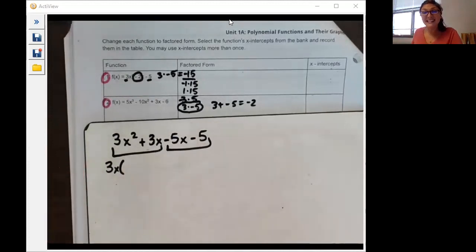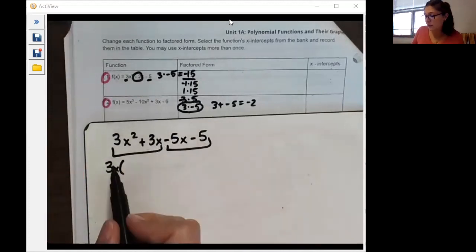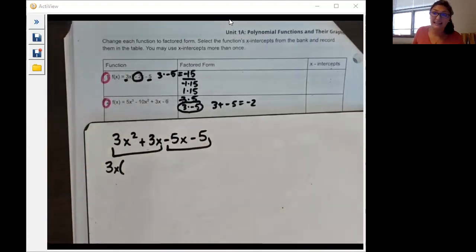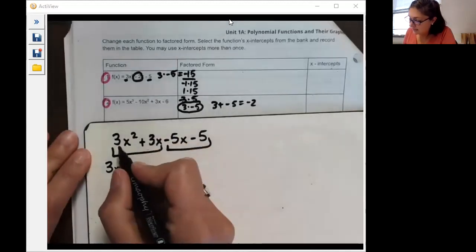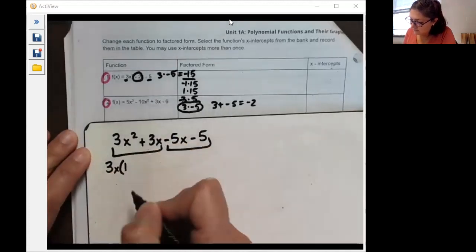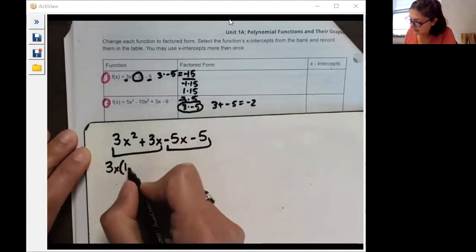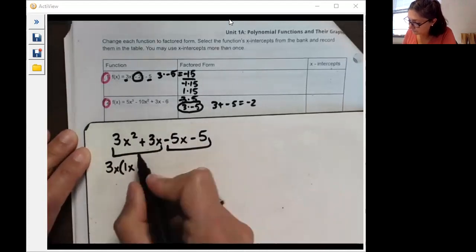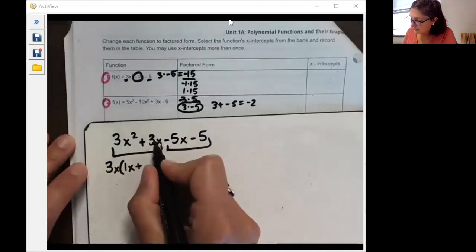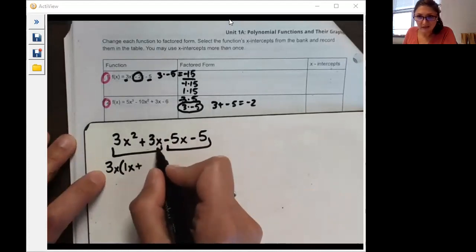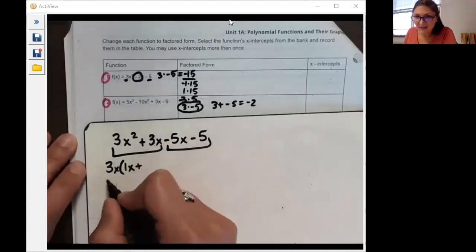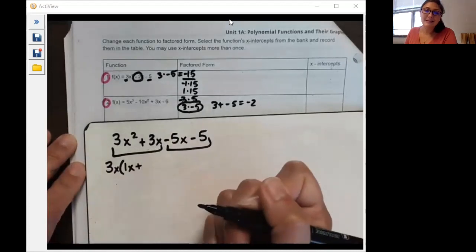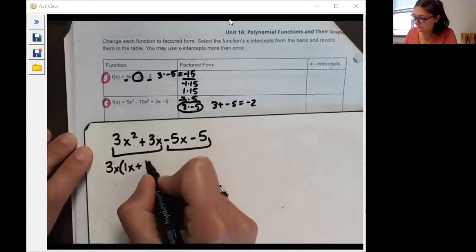And then in parentheses, I'm going to write what's left over when I factor that out, divide that out of each term. So 3 divided by 3 would just give me 1. X squared divided by x would give me x. Plus, I'm just going to treat this as one whole big piece. 3x divided by 3x. Remember, anything divided by itself is just 1.